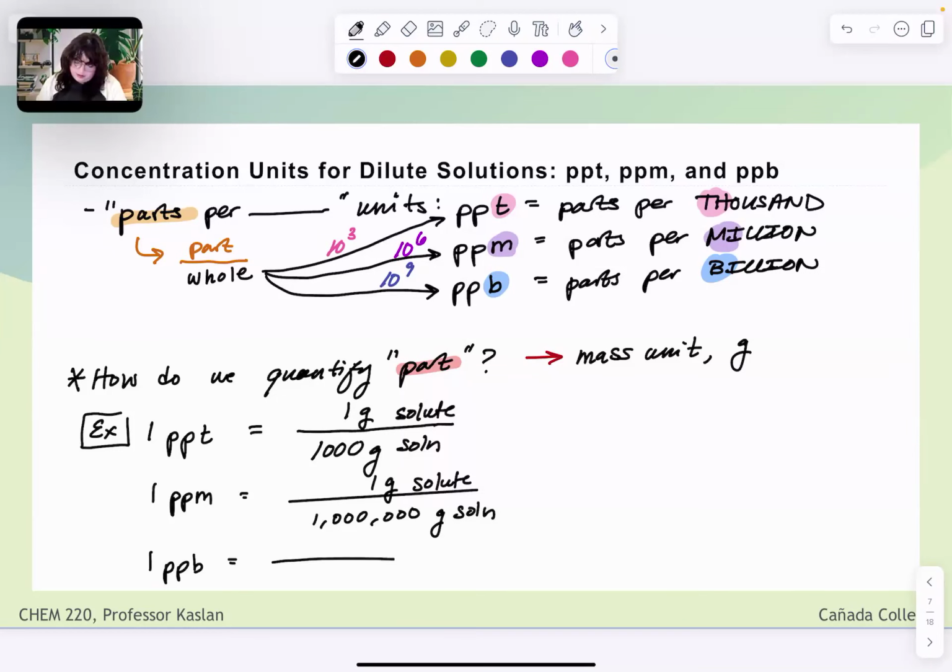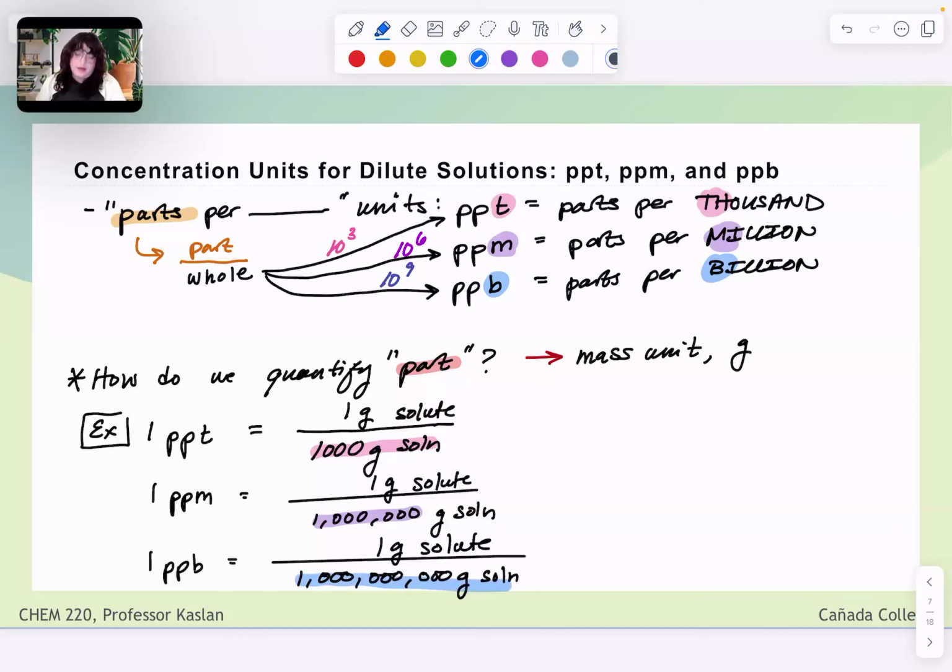And parts per billion, following this trend, if I were to hand you 1 billion grams of solution, then 1 gram of those billion grams would be the solute. So parts per 1,000, parts per million, parts per billion, talking about grams of the solution.